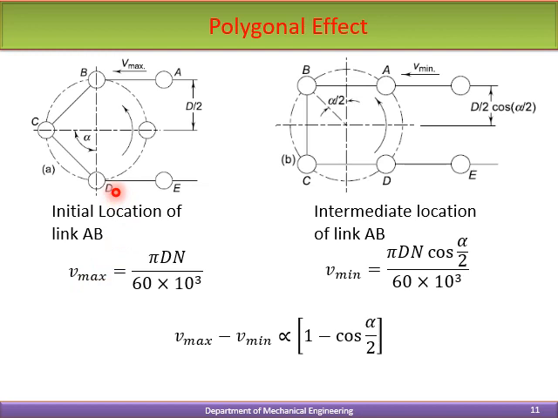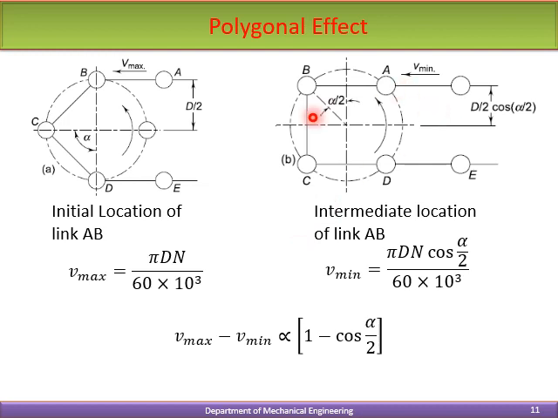Here in this first figure, the chain link AB is at a distance of d by 2 from the center of the sprocket wheel, and its linear velocity is given by Vmax is equal to pi d n by 60 into 10 raised to 3.